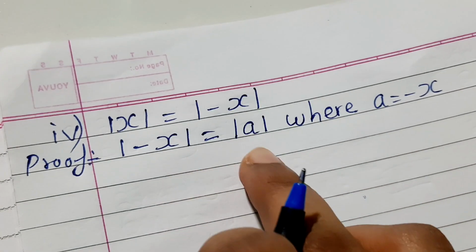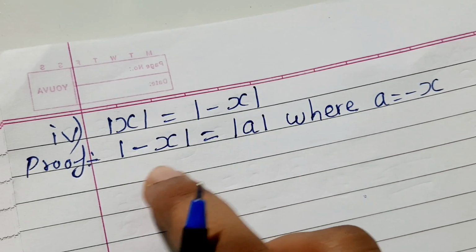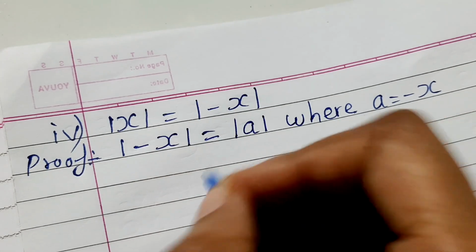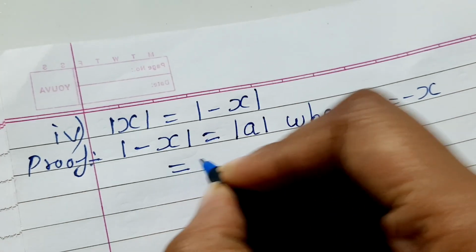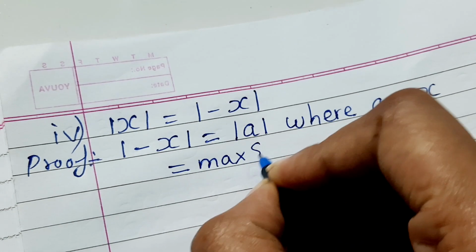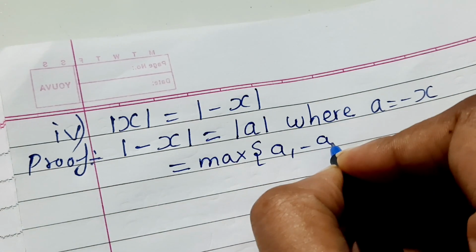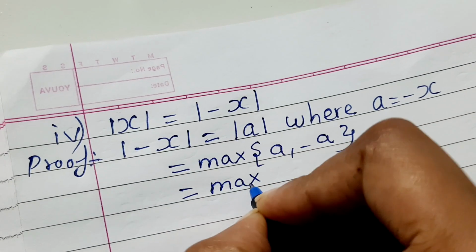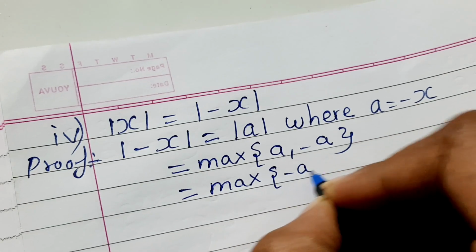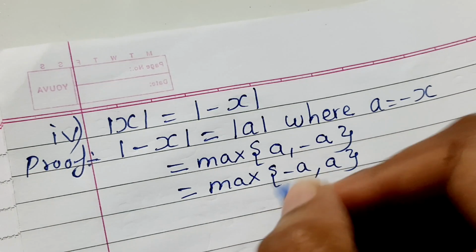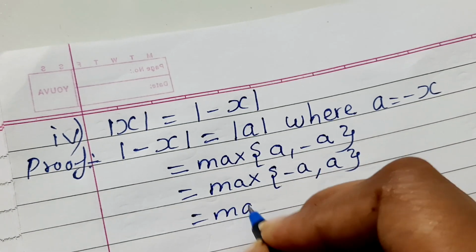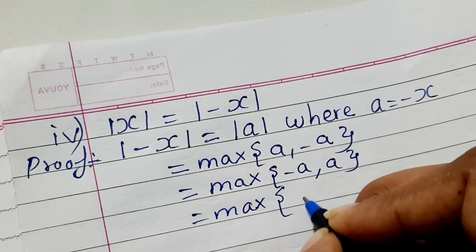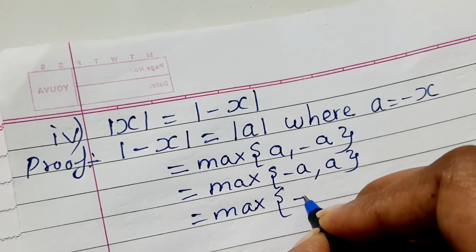So I will write the maximum of A comma minus A, which is equal to the maximum of minus A comma A.